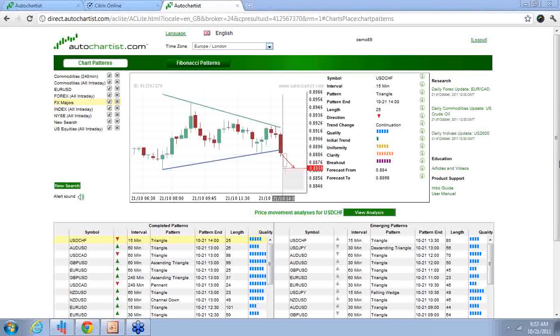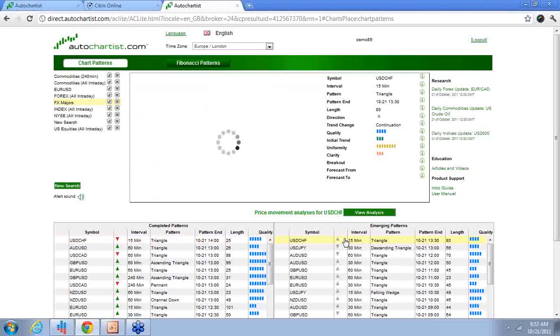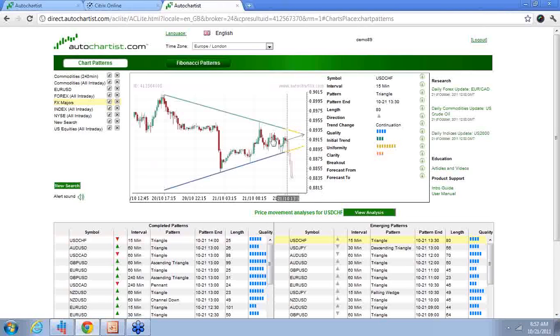If you follow the progression from emerging patterns, and you start to see it show up on this list as an emerging pattern, you can get in as soon as you see it's an emerging pattern, and then play for the breakout.